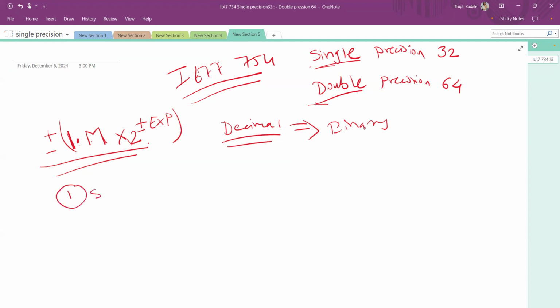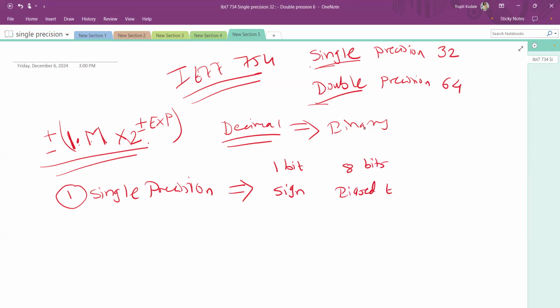Okay, so to represent any number in single or double precision format, there is one format used. For single precision, one bit is always your sign bit, 8 bits are of biased exponent, and 23 bits are significant bits, which is also called mantissa.